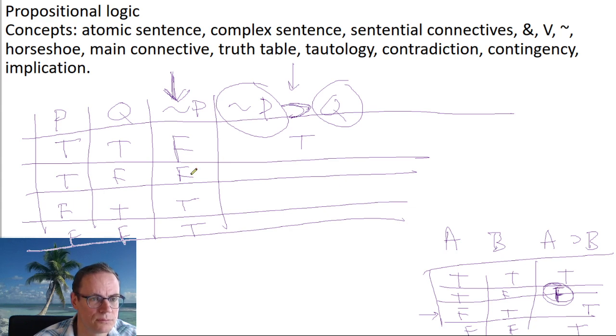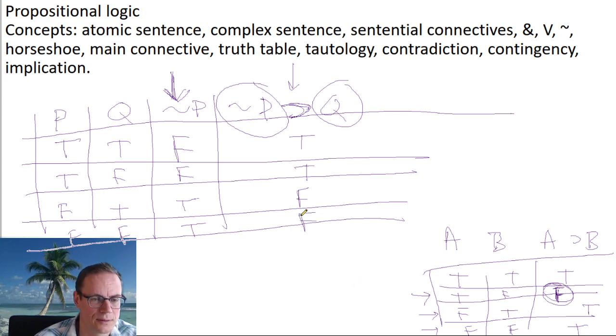Antecedent false, consequent false. True. That's line 4 here. Antecedent true, consequent false. Aha, false. That's line 2 there. And finally, antecedent true, consequent false, false again.